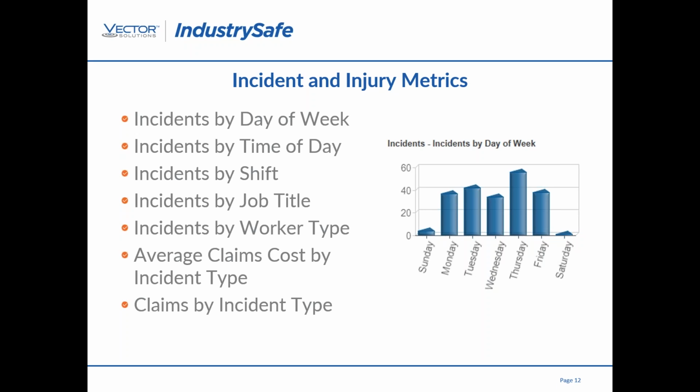Job title means you want to focus your training on a specific type of job title, worker type, etc. Claims cost is important, because if you have limited training budget, limited time to develop training, you obviously want to focus on those incidents and that training that will prevent the high cost incident.